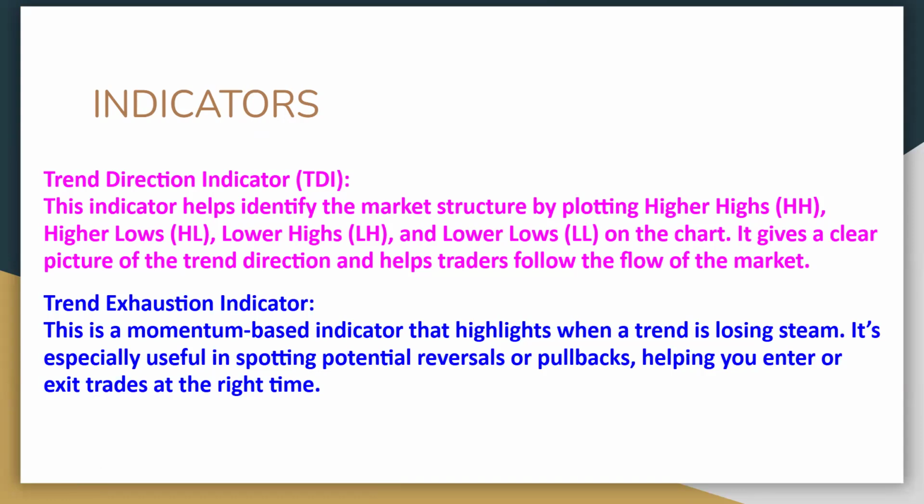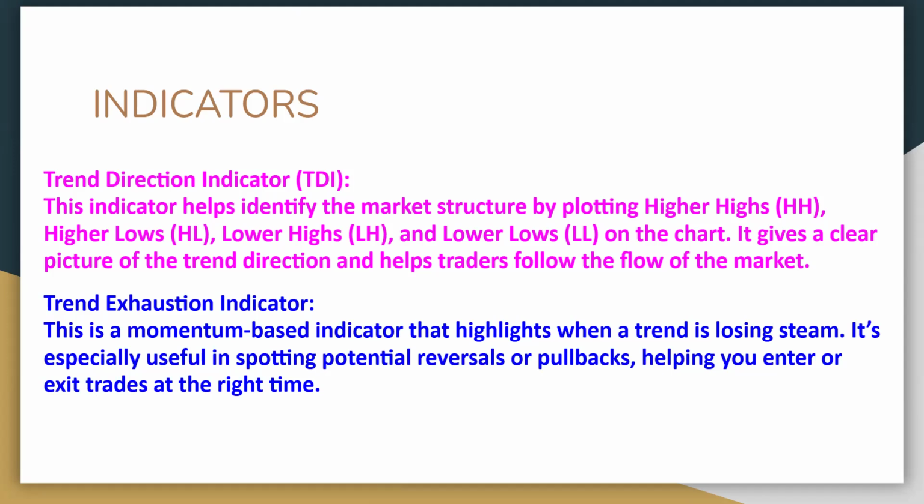Previously, we identified exhaustion with the help of RSI, and trend direction has been identified with the help of linear regression and time-weighted average price. So many indicators I have explained to you, polynomial regression line, everything. So here, by using the trend direction indicator, you might have learned about trend direction.